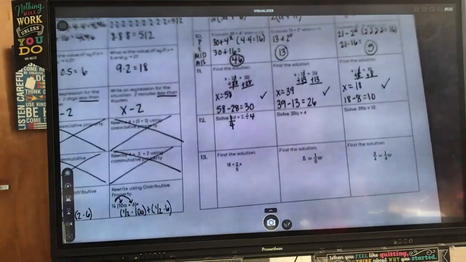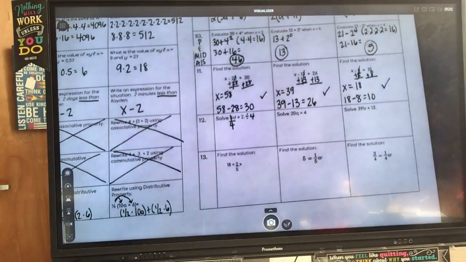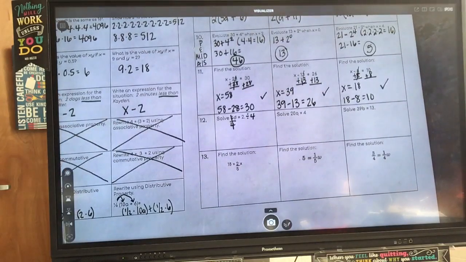Now, when you did your division, because we're saying 4d equals 2, we divided by 4 here, right? We're dividing 2 divided by 4. So if you changed it to 4 divided by 2, you're going to get the wrong answer. How many of you guys did this? Good. You did it?